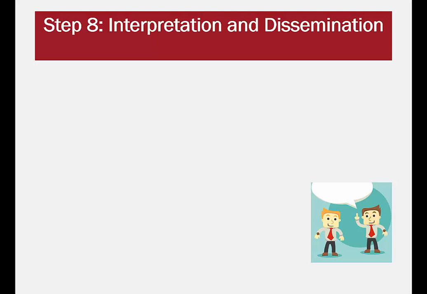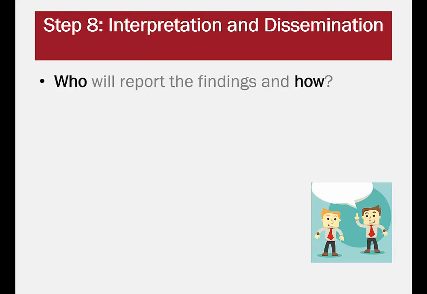Step 8. Interpretation and dissemination. In this step, several questions will be explored, including: who will report the findings and how? Will the results be submitted to a peer-reviewed journal? Will the team disseminate a press release to the media? Will stakeholders be provided a newsletter? Who will receive the results and when?